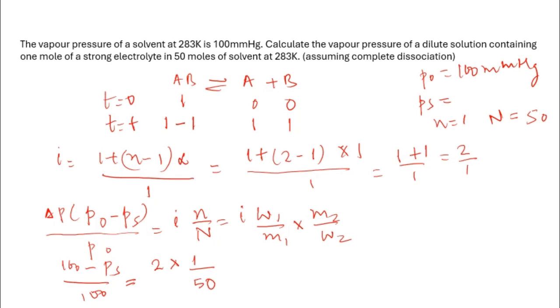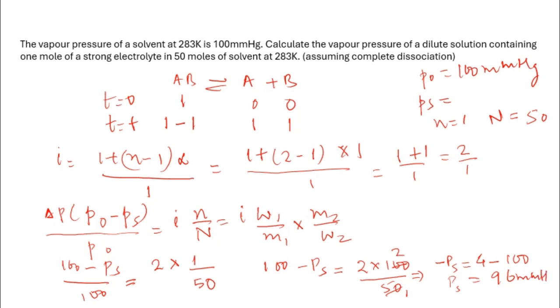So 100 minus PS equals, taking this 100 to the other side, 4 by 50... which gives you 4 minus 100. So PS equals 96 millimeter mercury.